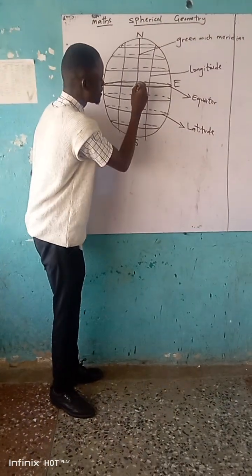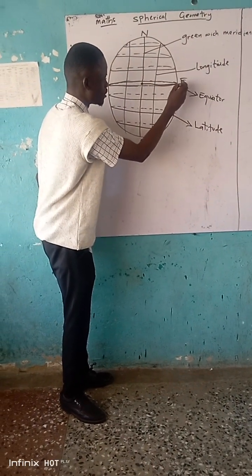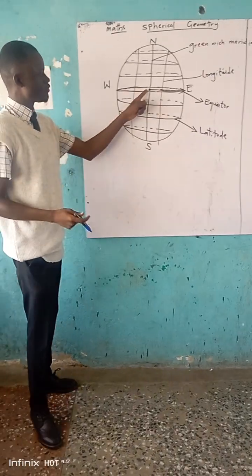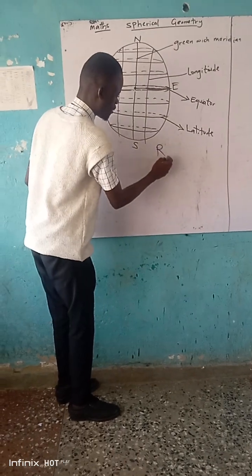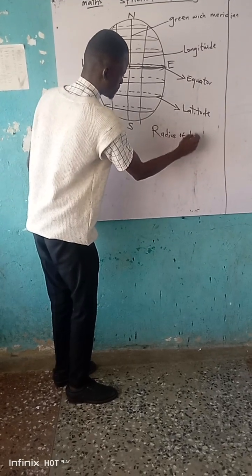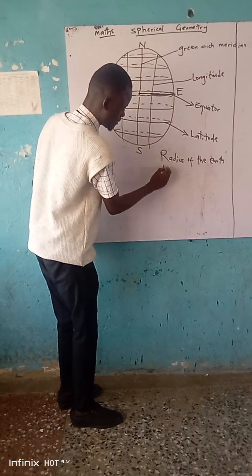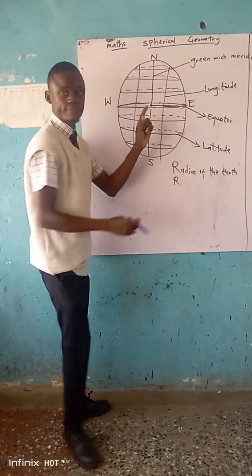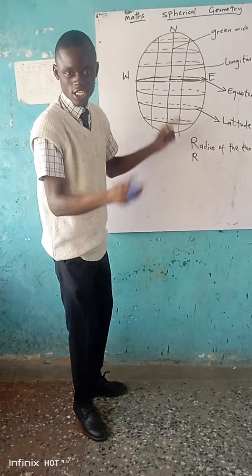So now, if we measure from the equator to the longitude, we are going to get the value of the radius of the earth, which is denoted by capital letter R. And this is a constant value because the equator is always constant, it's not changing.